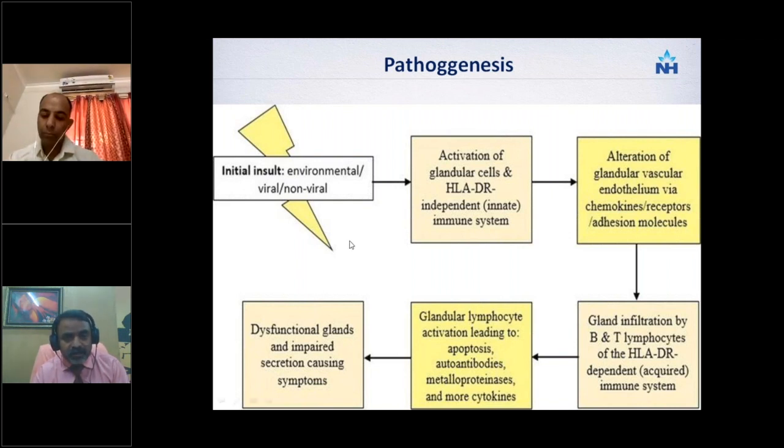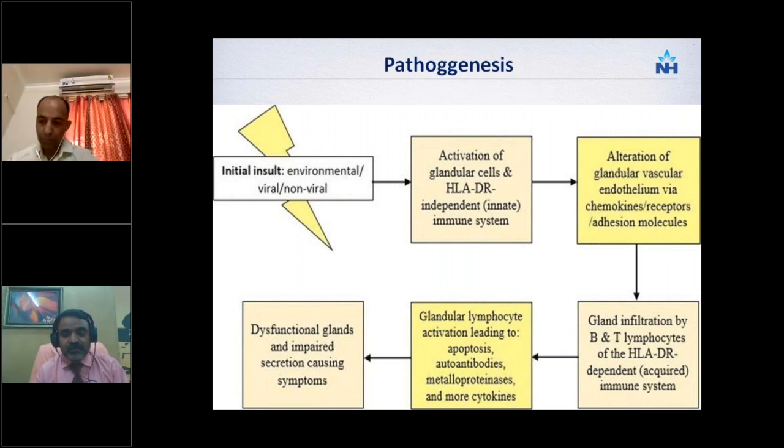So you can see how this disease progresses and manifests clinically. Initially there is an insult, environmental, viral or non-viral, and there is activation of glandular cells and the HLA-DR independent innate immune system. That leads to cytokine or chemokine receptor activation, and then to acquired immune system activation in the form of B and T lymphocyte activation. In this disease, predominantly B lymphocyte activation occurs, leading to increased apoptosis.